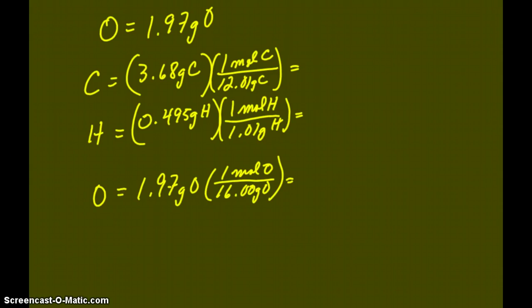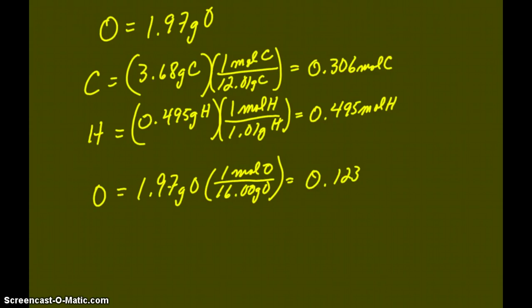For my carbon, I find that I get 0.306 moles of carbon. For hydrogen, I get 0.495 moles hydrogen. For oxygen, I get 0.123 moles of oxygen. How convenient.